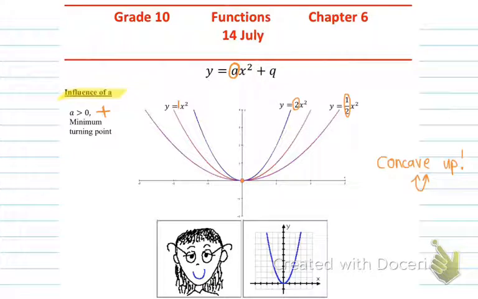So it will be steeper and steeper the greater the a value is. The a value of 2 will be closer, then the a value of 1 will be further, and the a value of half will be even further. So the arms are wider and wider the lower the a value, and closer and closer to the y-axis, or steeper and steeper, the higher the a value.